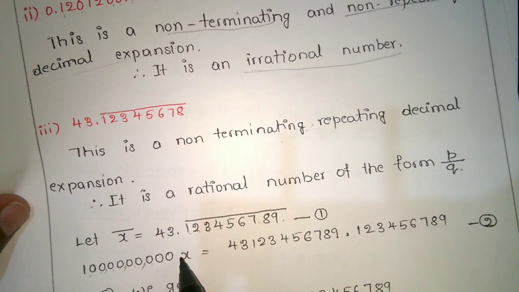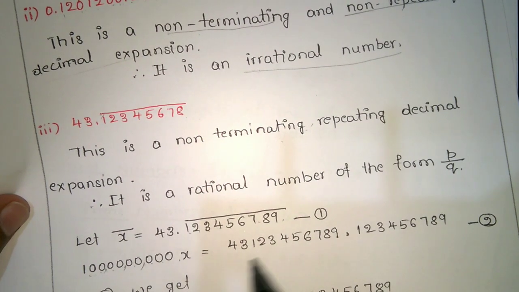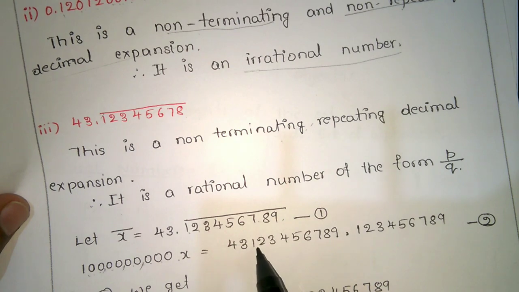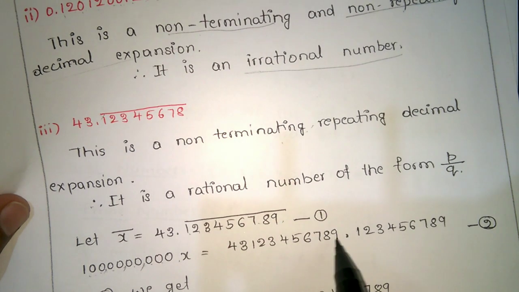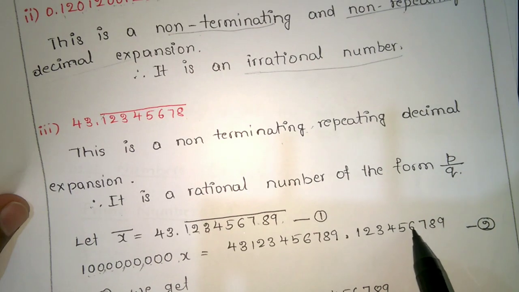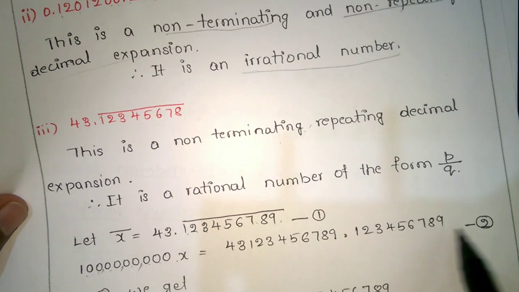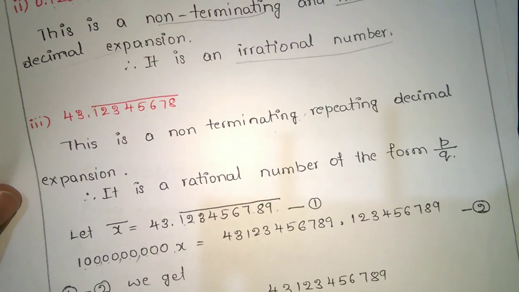You get 10 power 9 x equals 43123456789.123456789, so this repeats one more time.